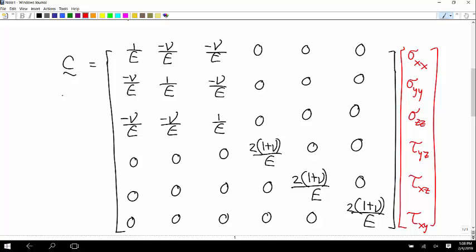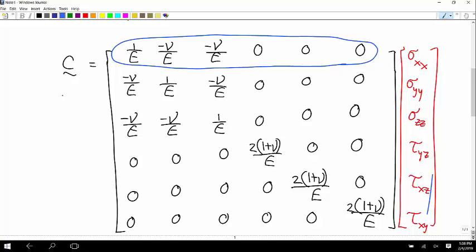And so to get the first element of the output Voigt strain, you take the dot product of this with this. And so that dot product says sigma XX times 1 over E plus sigma YY times negative nu over E plus sigma ZZ times negative nu over E plus 0 plus 0 plus 0.